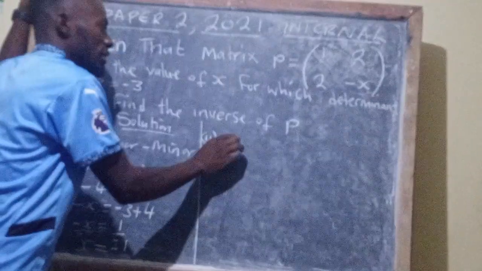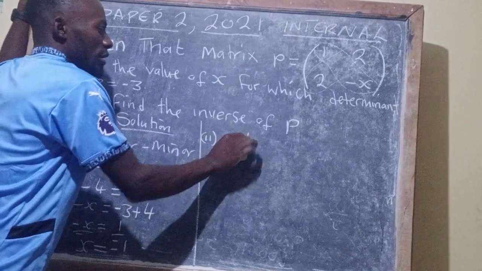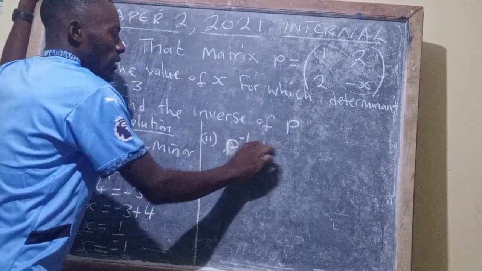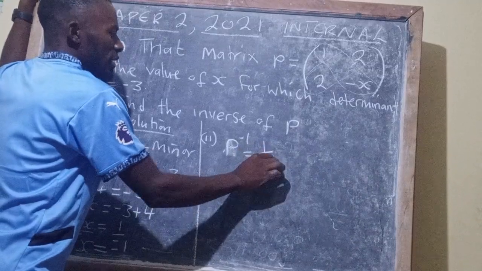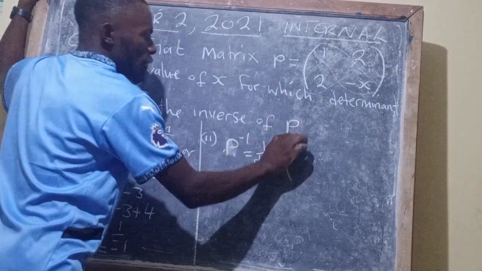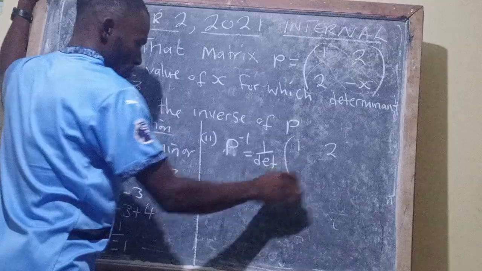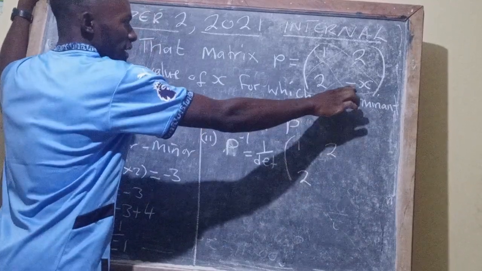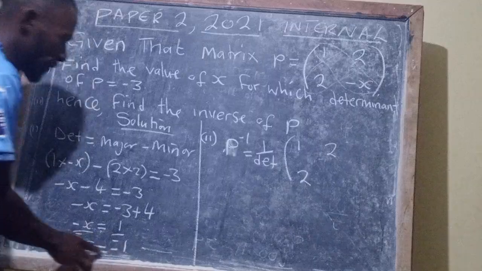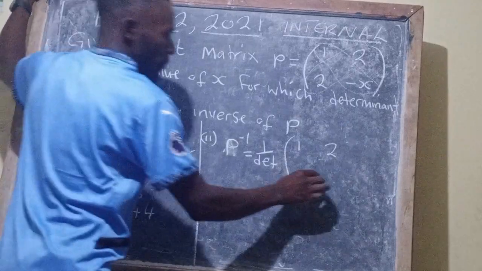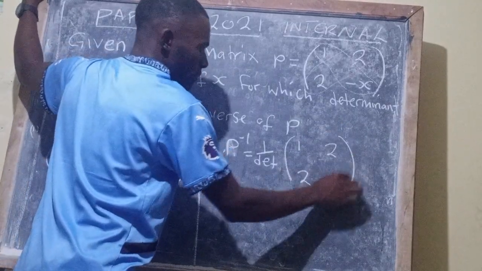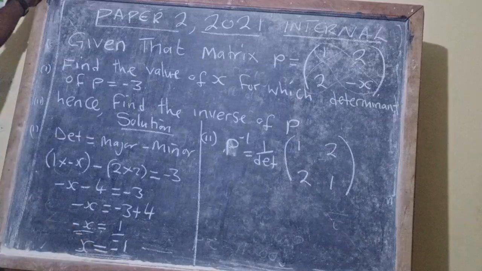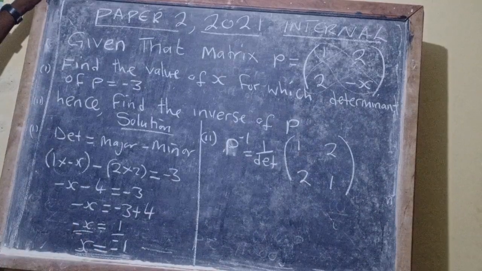We find the inverse of P is equal to 1 over the determinant. Then we have the matrix which is 1, 2, we have 2 here. So there's a negative here, and the value of x is a negative, so we are going to have positive 1. That is our matrix P.